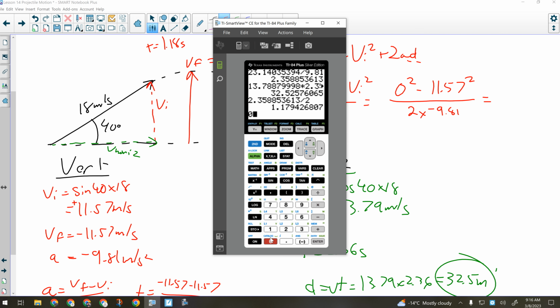so 0 minus, and then that number, squared. And then divide that by 2 times 9.81.